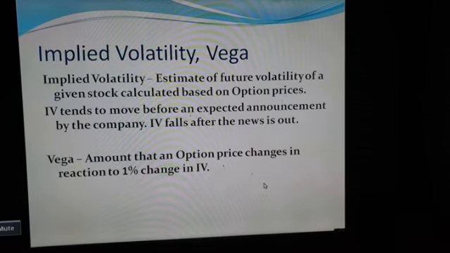Now implied volatility, and I'm taking one of the Greeks, Vega. These two can be factored together and we can discuss them together. Implied volatility is an estimate of the future volatility of the stock, calculated based on option prices.